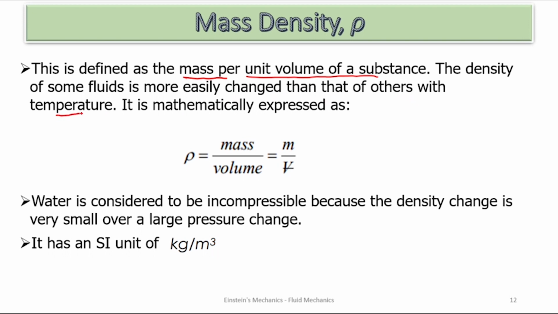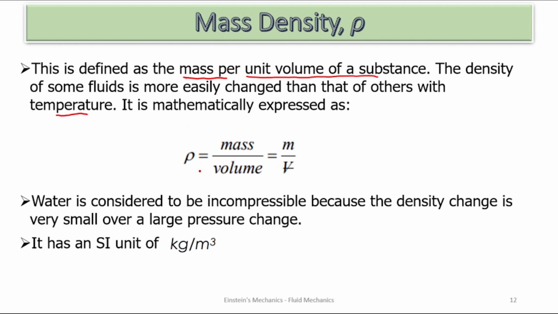So some fluids change their density with temperature, others do not. And we saw from episode 1 in the study of fluid mechanics that in some cases there will be density change and in others there will not be density change.